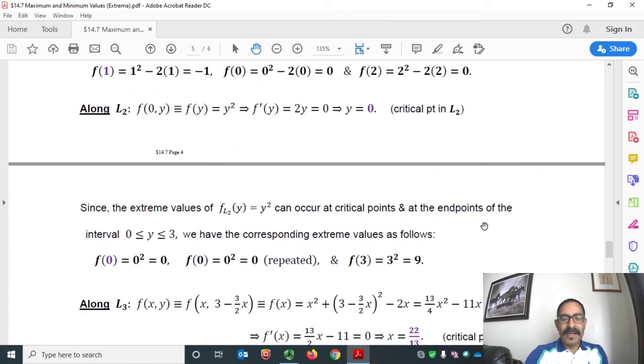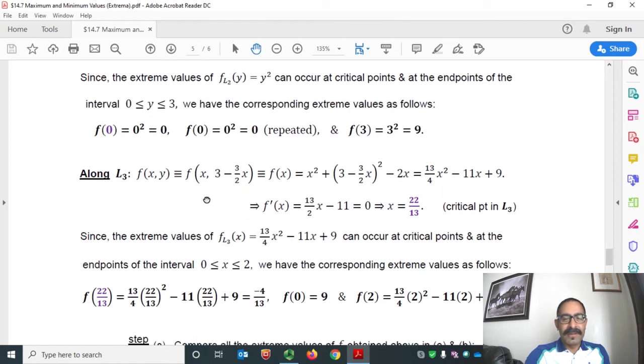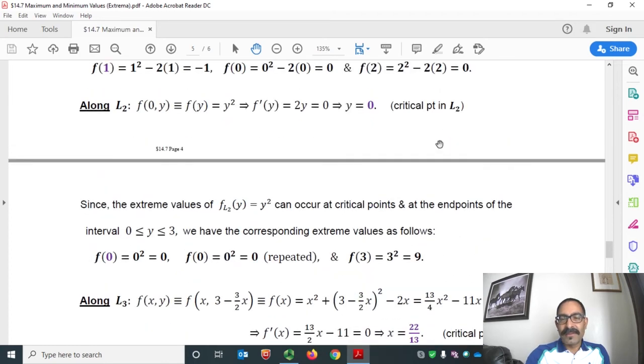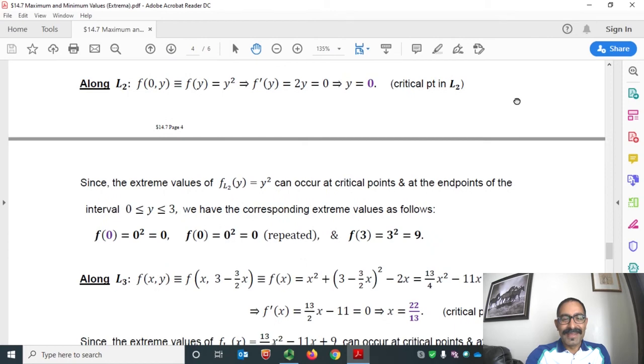Let's move on. Now similarly, let's compute the extreme values of the restriction of f on line L3. Along line L3, y is 3 minus 3/2 x. Let me show you this one again. Here y is 3 minus 3/2 x, right? Okay.